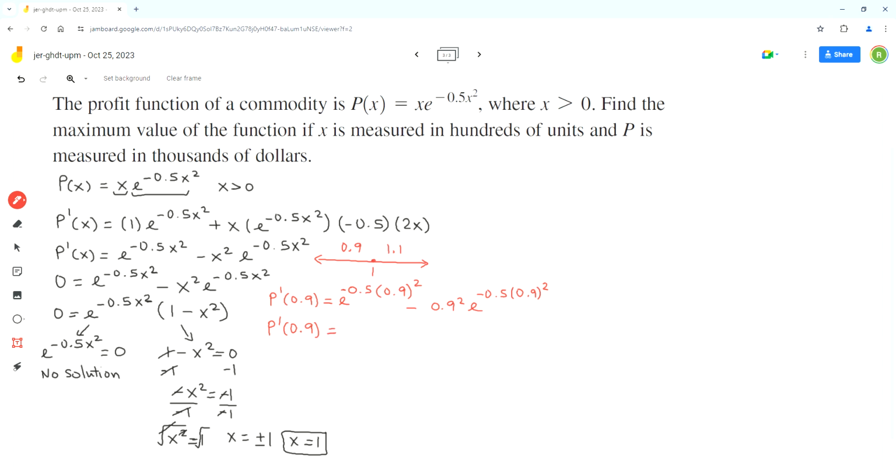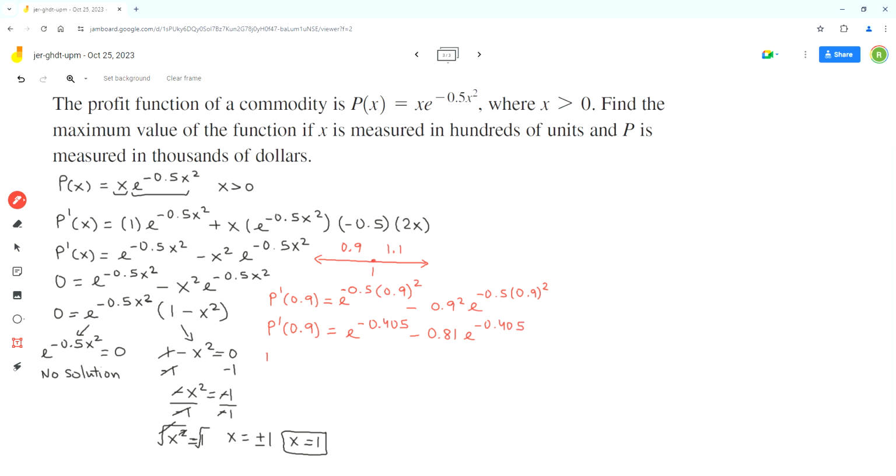So first we'll evaluate negative 0.5 times 0.9 squared. So I got e to the power negative 0.405 and minus 0.9 squared, which is equal to 0.81, times e to the power negative 0.405.